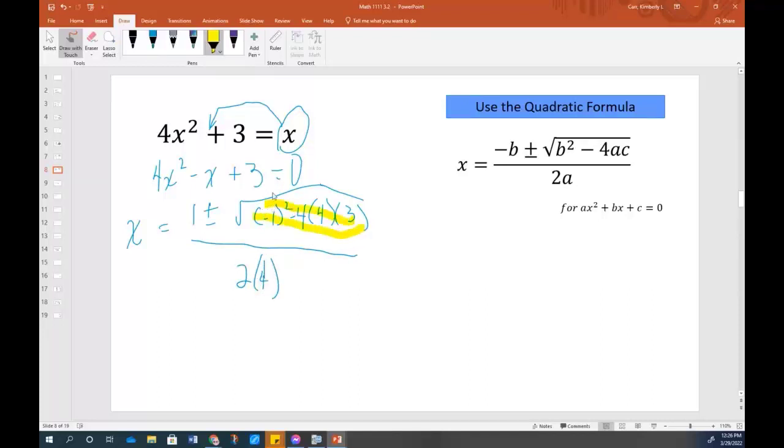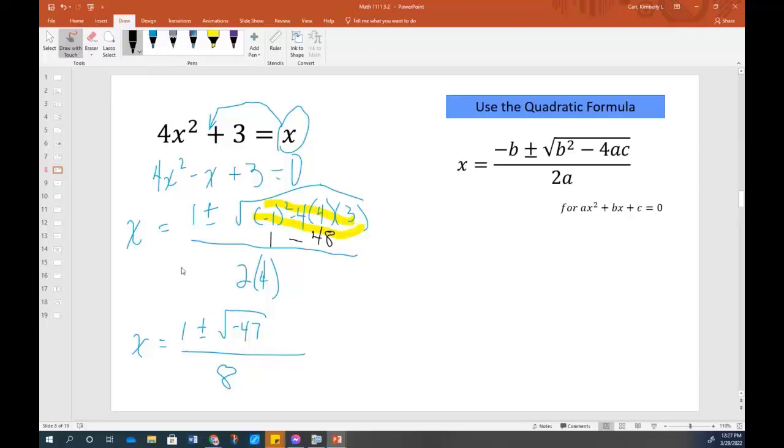Simplify the discriminant part first. This becomes 1 minus, and 4 times 4 is 16, and 16 times 3 is 48. And so then I have x equals 1 plus or minus the square root of negative 47 all over 8.